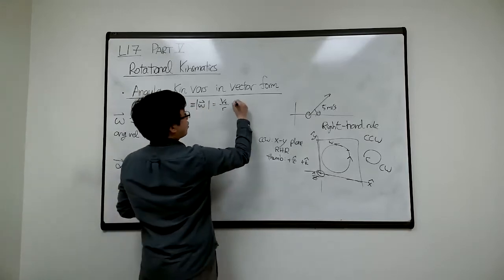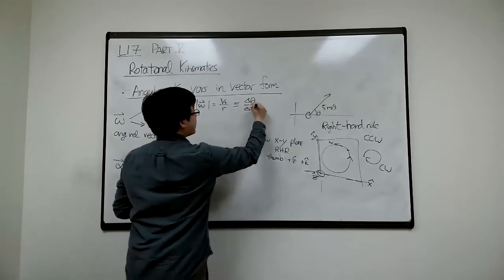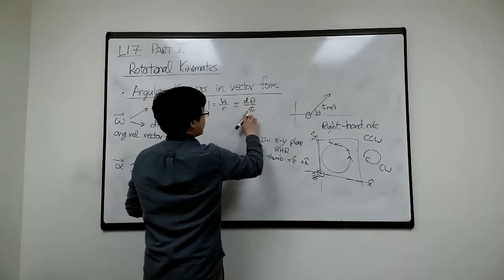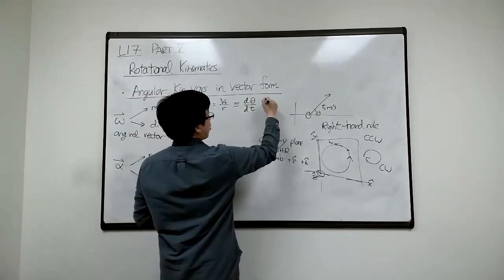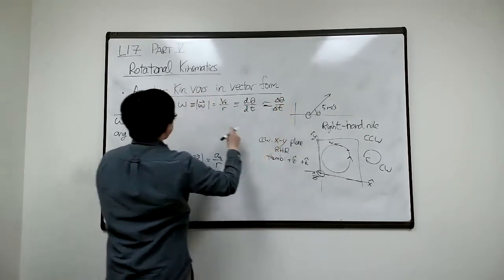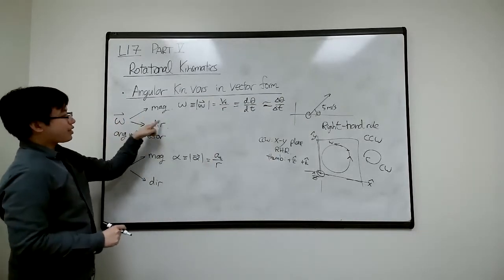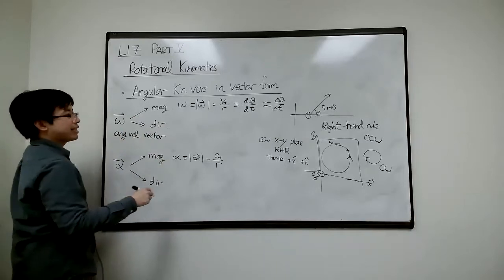Or the same thing as this. Sorry, this, right? Or D, if it's not constant, this is more correct. But if it's constant, this is similar to this. All right, so the magnitude is fine, right? So if this is constant, but I should also have a constant direction if something has a constant angular velocity.